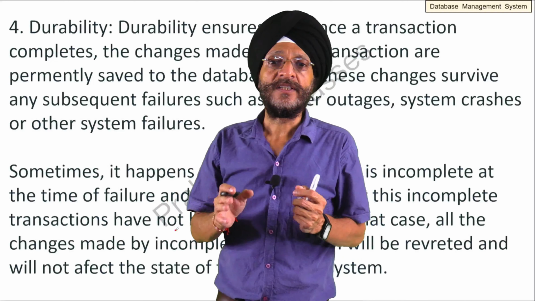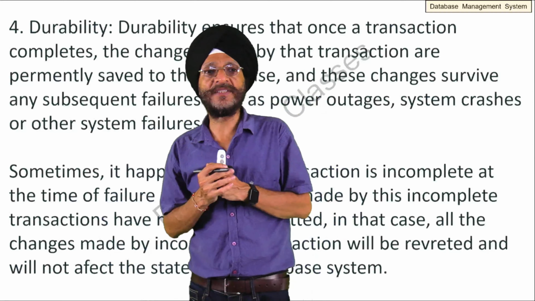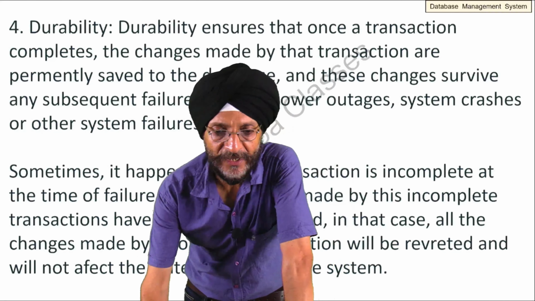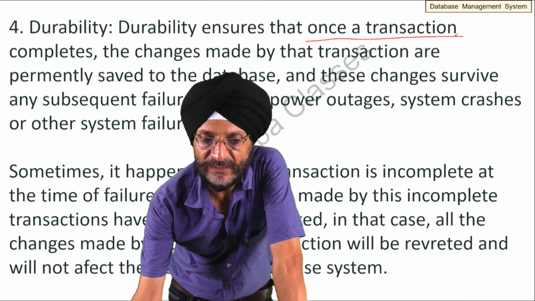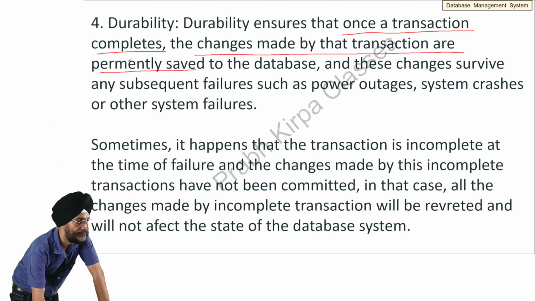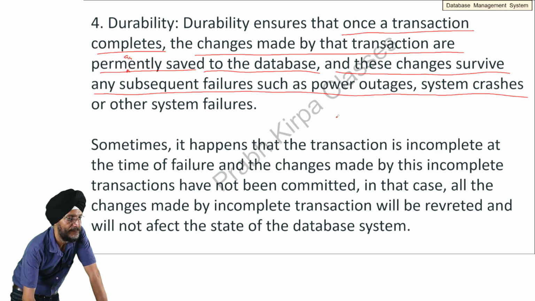Now the next ACID property of DBMS is durability. Durability ensures that once a transaction completes, the changes made by that transaction are permanently saved to the database, and these changes survive any subsequent failures such as power outages, system crashes, or system failure.